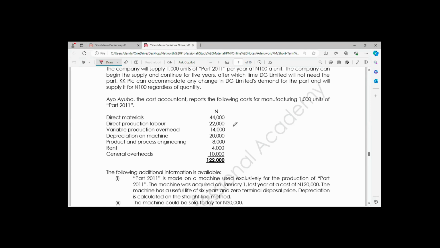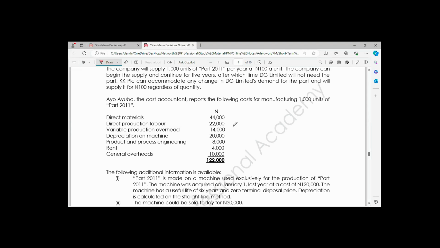So once you have determined the variables that you need under outsourcing and the variables that are needed under internal production, you then go ahead and discount those variables to the present value equivalent.